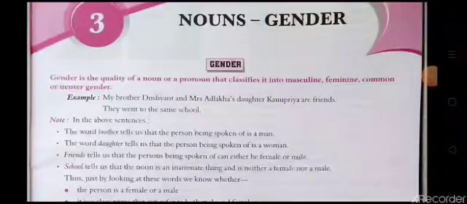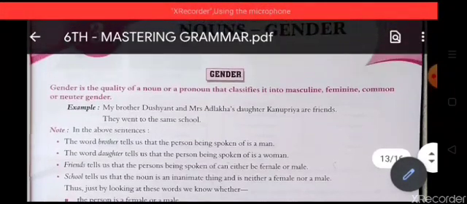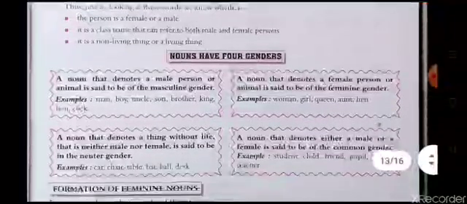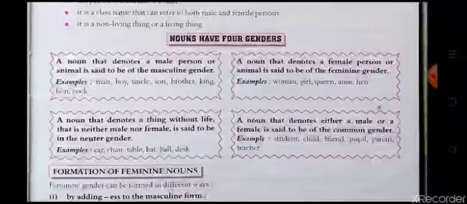Now, let's revise what we have studied today. Today we have learned noun gender. Gender is the quality of noun or pronoun that qualifies it into masculine, feminine, common, or neuter gender. Nouns have 4 genders.